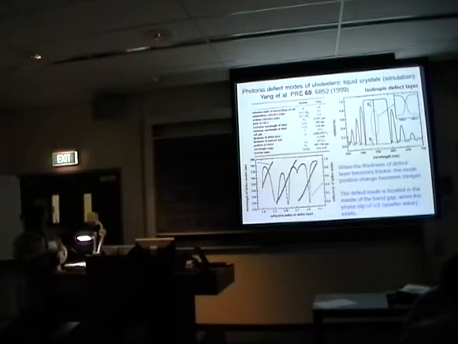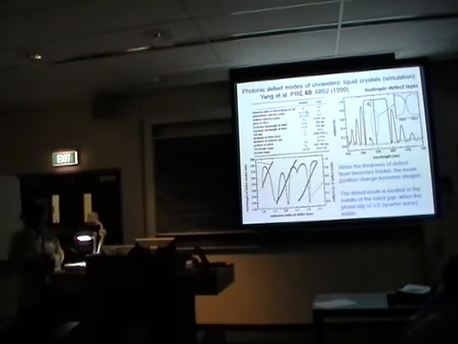And this is the simulation. Almost in the middle, you have this kind of defect level, a very sharp defect structure here. For left or right circularly polarized light, you have the diffraction peak or transmission minimum.